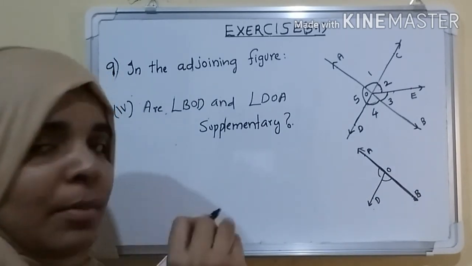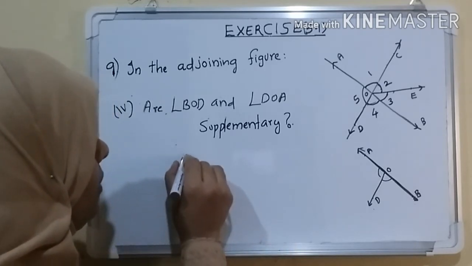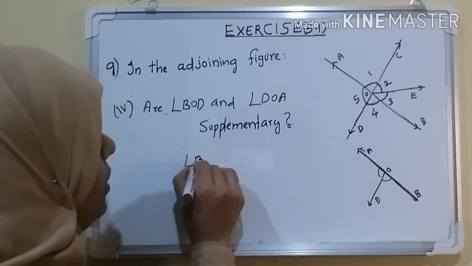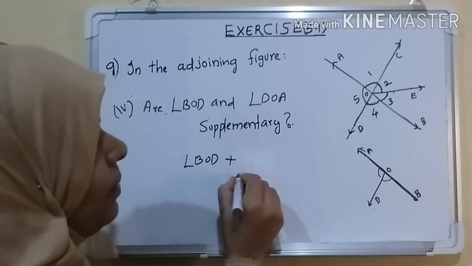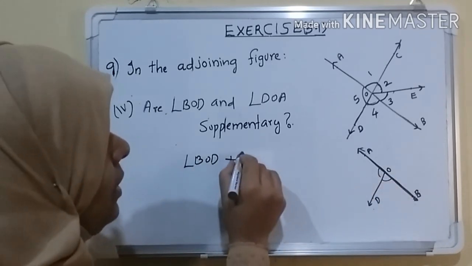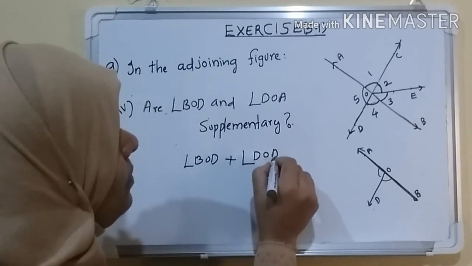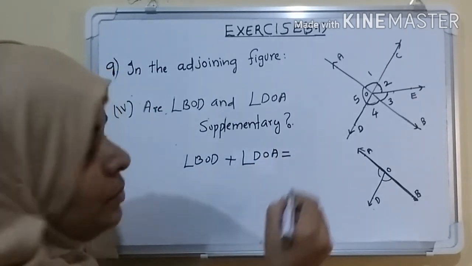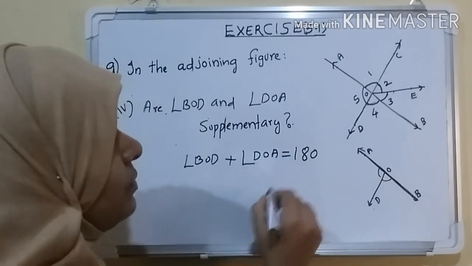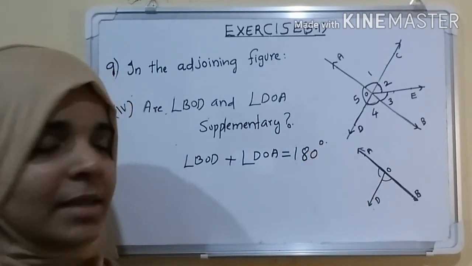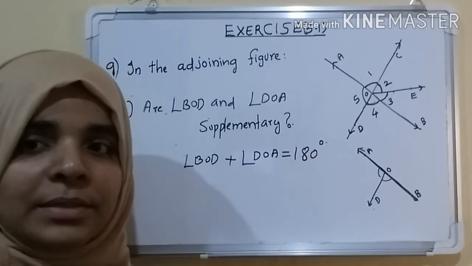We know that the sum of a linear pair, BOD plus DOA, equals 180. So we can say that these two angles are supplementary.